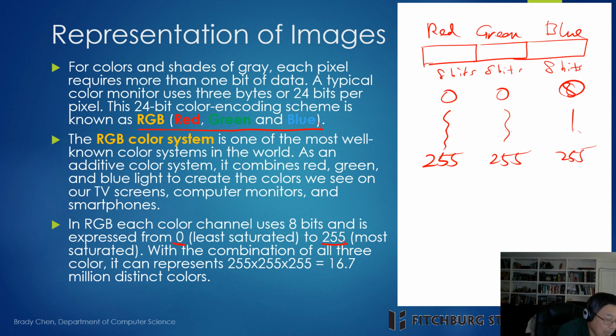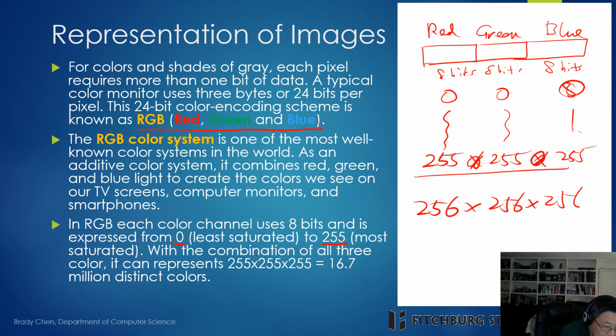With the combination of all these different numbers for each color, we can represent a total of, sorry, I take it back, it's actually 256 times 256 times 256. That's approximately 16.7 million distinct colors.